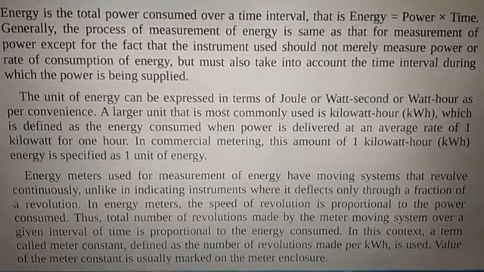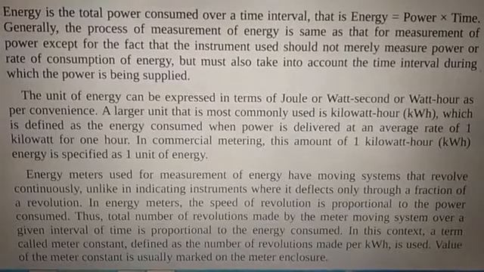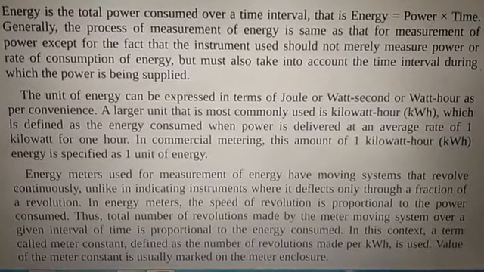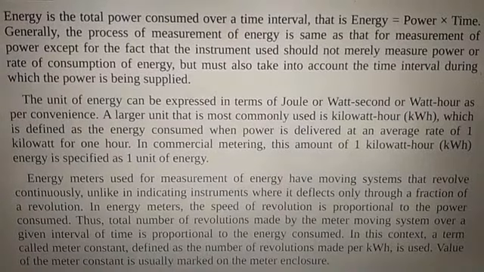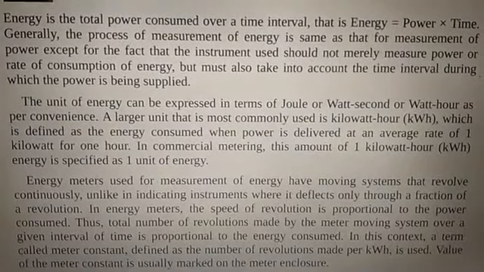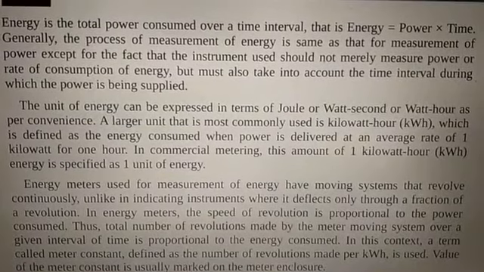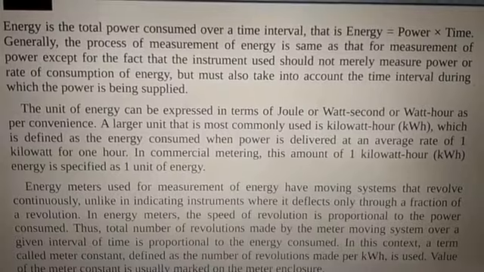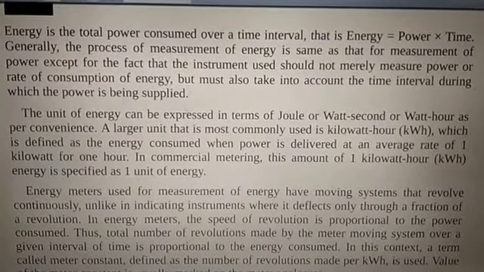So when 1 kilowatt power is supplied for 1 hour, it is called 1 kWh, and this is also commercially used as 1 unit of energy. So the meaning of 1 unit of energy is a supply of 1 kilowatt power for 1 hour.